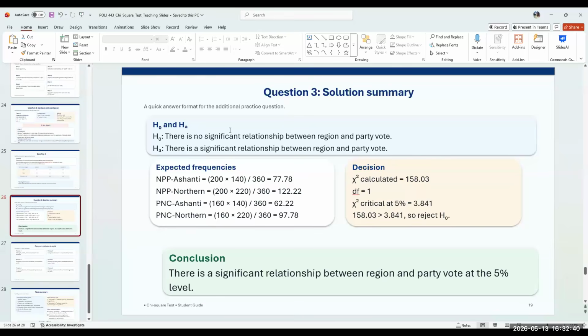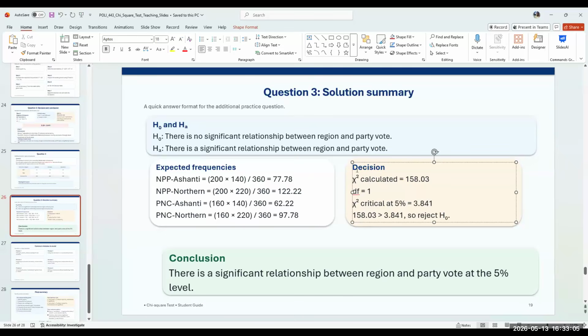Then step 2, you quote the formula. Then step 3, you solve the expected frequency, which we've done here. Then step 4, you do the table and solve with it. You have the values here. Step 5, you come and do what?